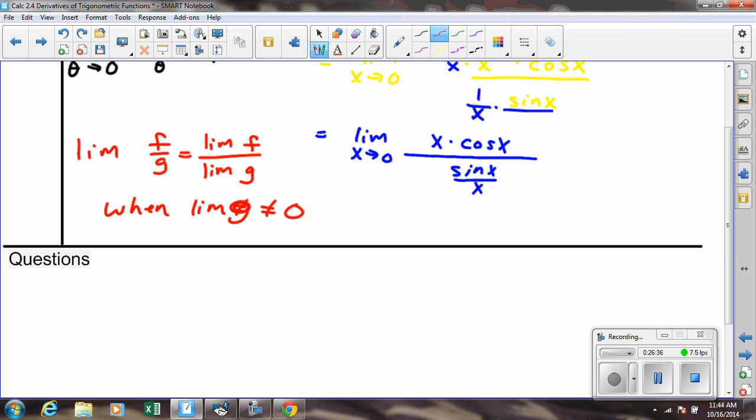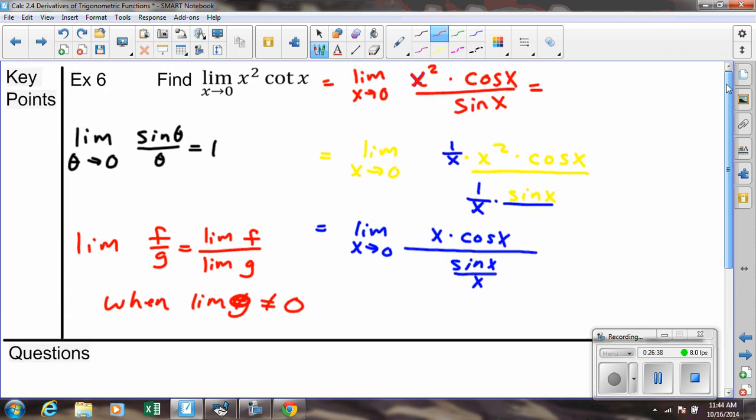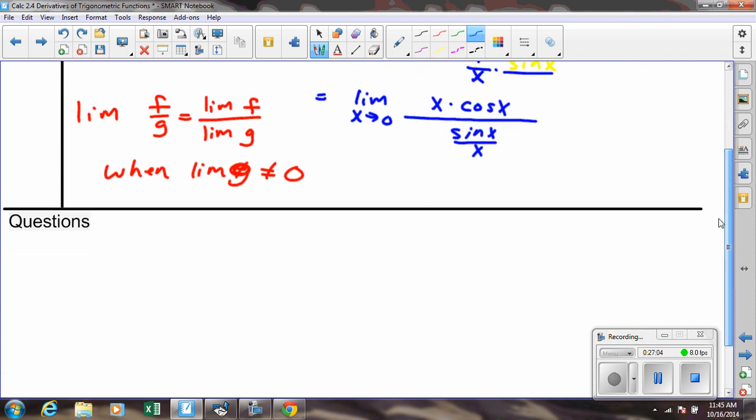In the original function, if we took the limit of sine of x as x approaches 0, that goes to sine of 0, which is 0. That's why our initial problem wasn't working out well, because the limit of our denominator didn't meet the criteria for our limit rule that we had before.